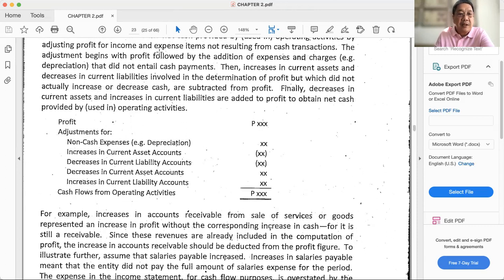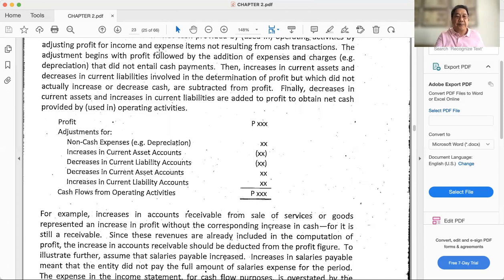Okay. So, yung profits, if you compute for your net profit at ibinawas mo or idinagdag ang non-cash expenses like depreciation, ay makukuha mo ang iyong cash flows from operating activities.